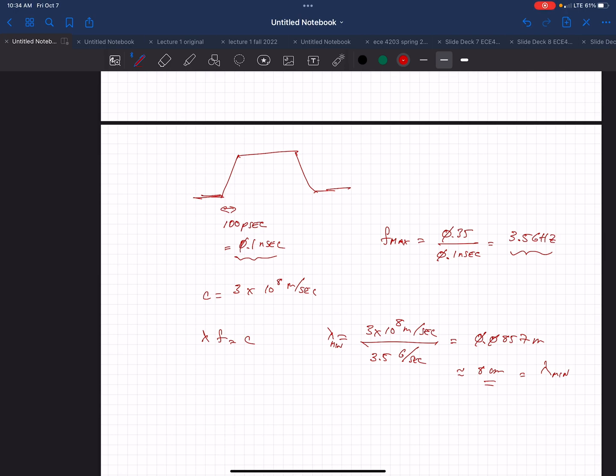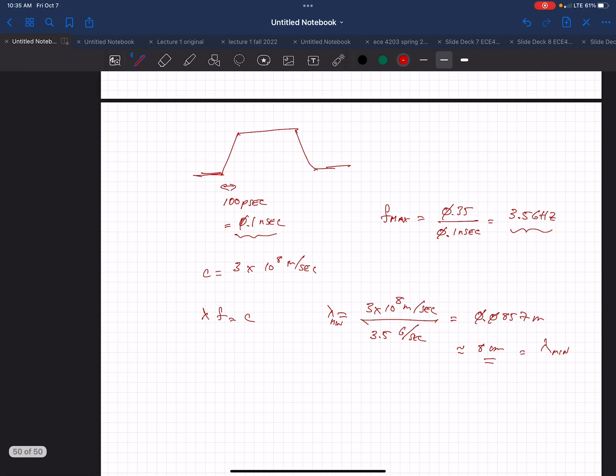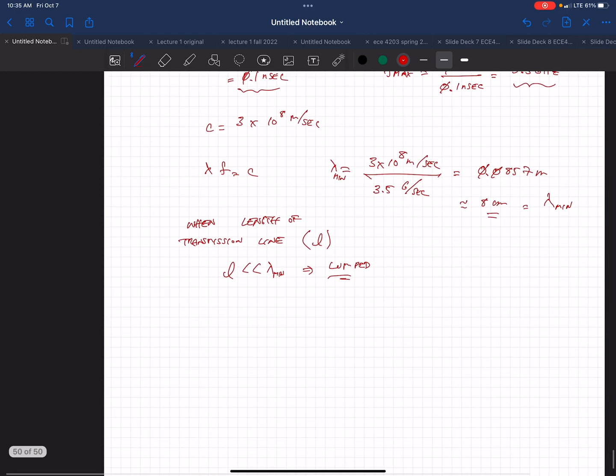Okay, so the rule of thumb is that when L, the length of the transmission line, is much smaller than lambda min, you can use a lumped model.